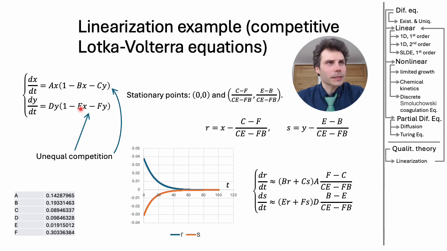But if these numbers are different, so if the impact of competition from X is different on X and on Y, and mutually if the impact of competition from Y is different on X and on Y, then we can study the system just the same with the same tools which we already discussed. Again, we have two stationary points, 0, 0, and this point. We again shift the origin to the stationary points that we identified.